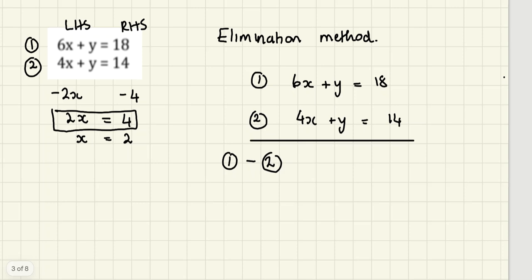What's 6x take away the 4x? 2 x's. But what's y minus y? 0. And then what's 18 take away 14?